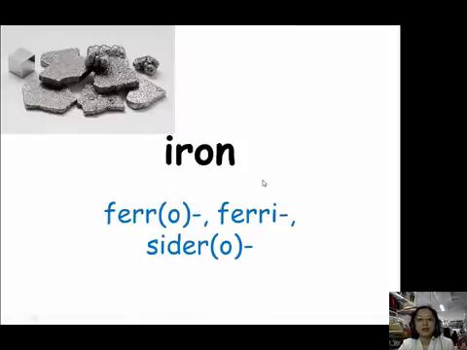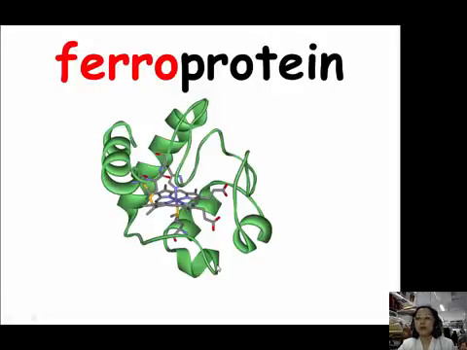For iron, we have three prefixes, ferro, F-E-R-R-O, ferri, F-E-R-R-I, and sidero, S-I-D-E-R-O. Let's see our examples. For ferro, our example is ferroprotein.